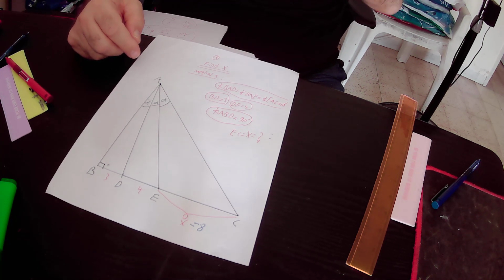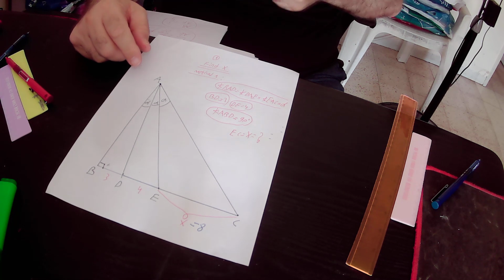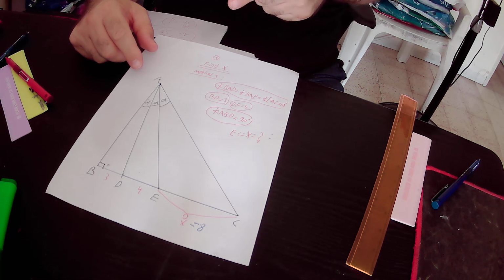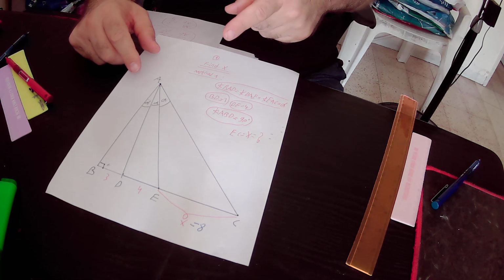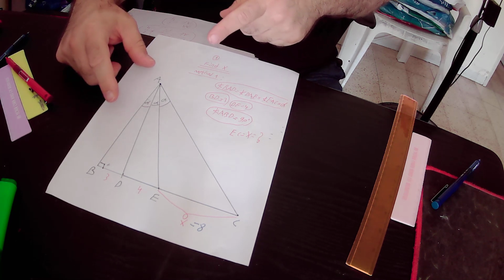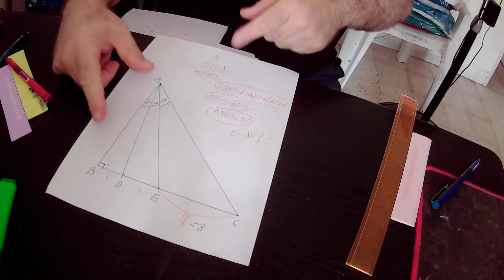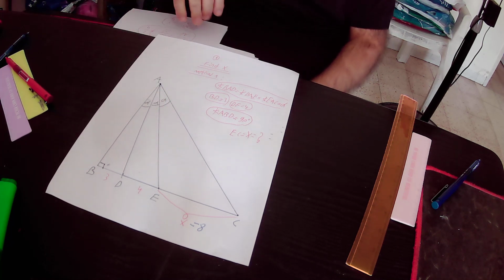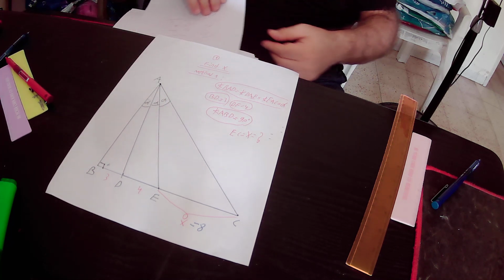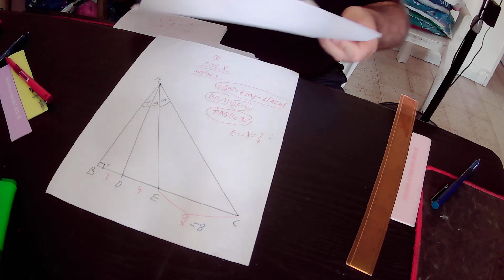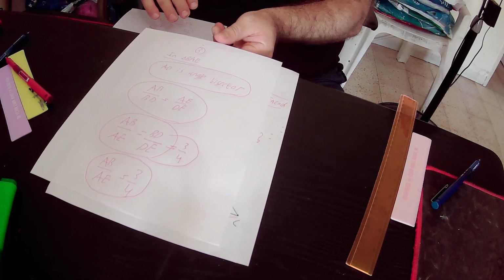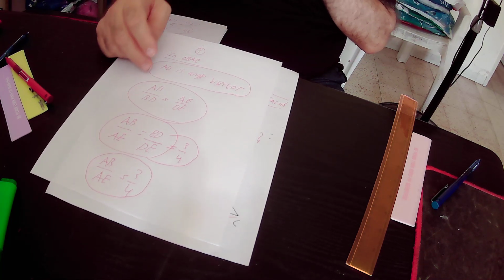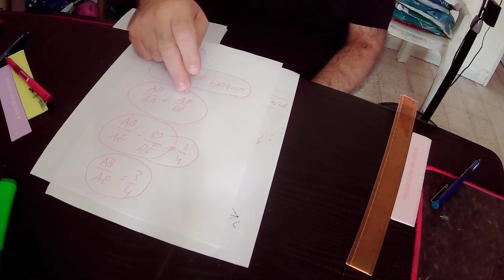According to the rule of angle bisector, the following relationship exists in triangle ABE with the angle bisector AD: AB over BD equals AE over DE.